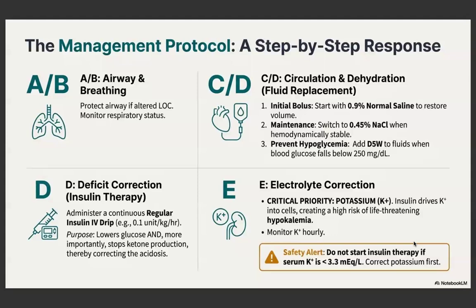The other thing that we're going to do is, because these individuals are going to be on an insulin drip, we are going to make sure that we prevent their blood sugar from going too low. So it's normal to see D5 or dextrose added to fluids just once that blood sugar has started getting below 250.